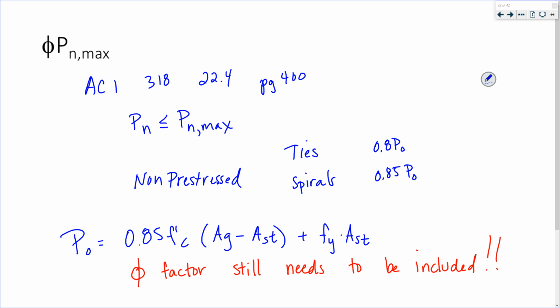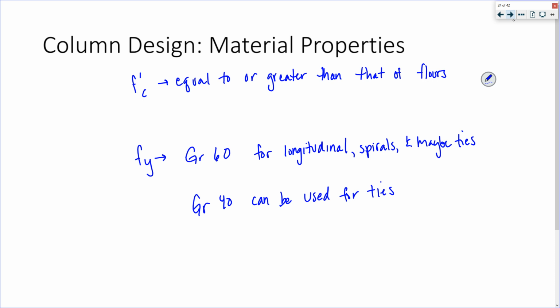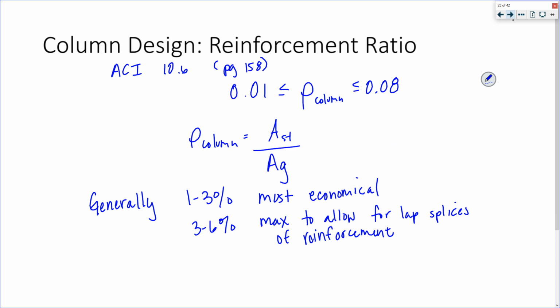If we do the 0.8 times the 0.85 and use the 0.65 for ties to get phi Pn max, and do some finagling with replacing that area of steel with rho, you can sort of simplify it to give an estimate of where to start.